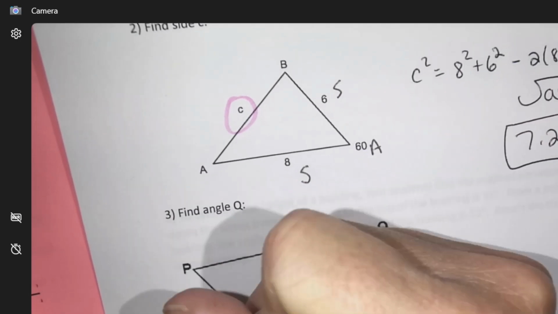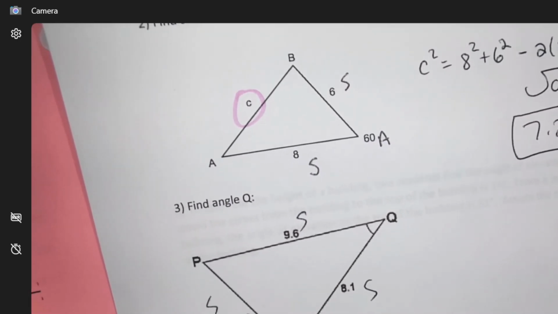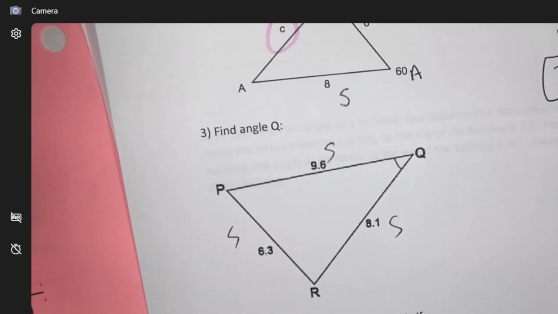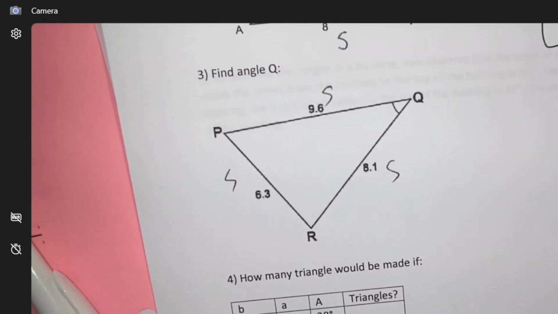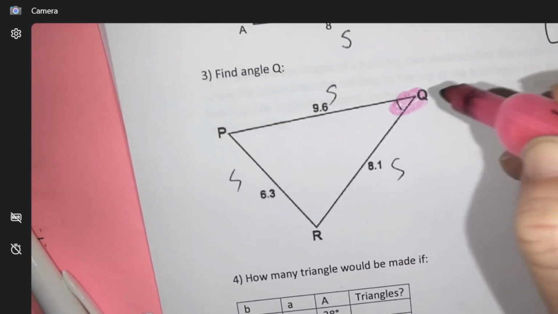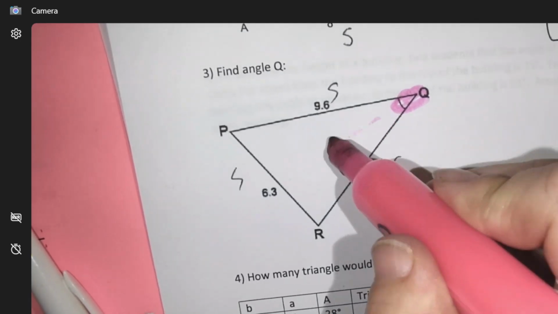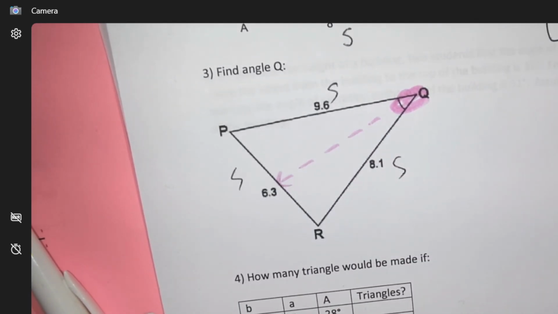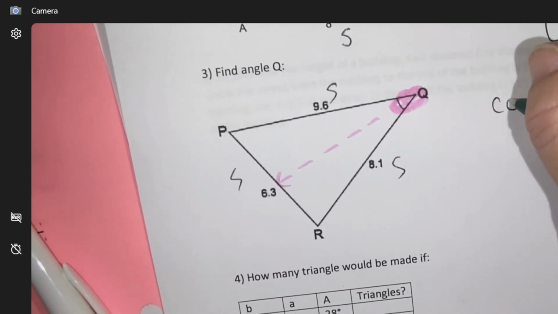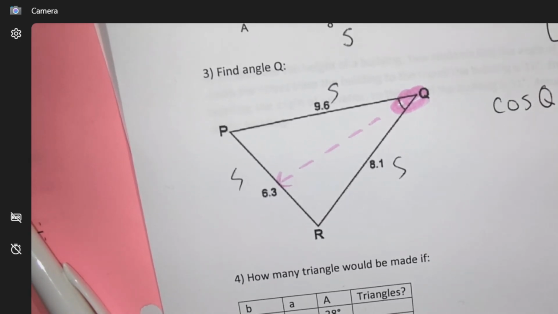Okay, we have a triple S for the next one. And we're after angle Q. So what I do is I always identify the side across. It's kind of my first instinct as well. So we're going to go cos of Q equals fraction line.